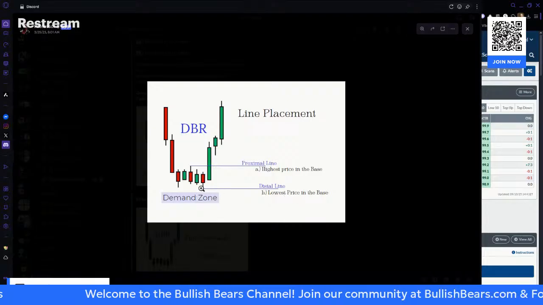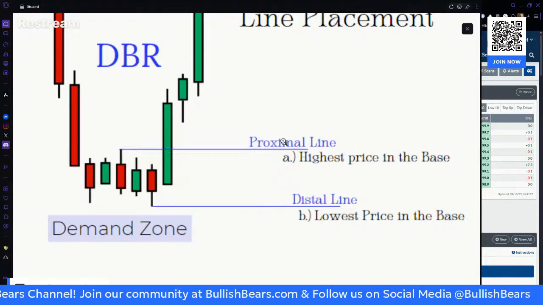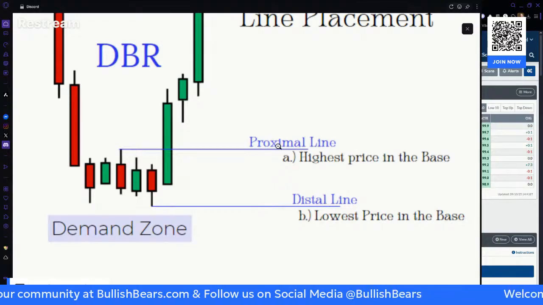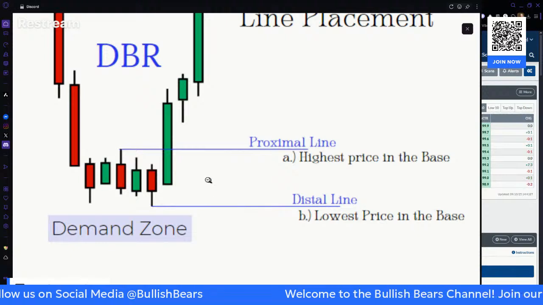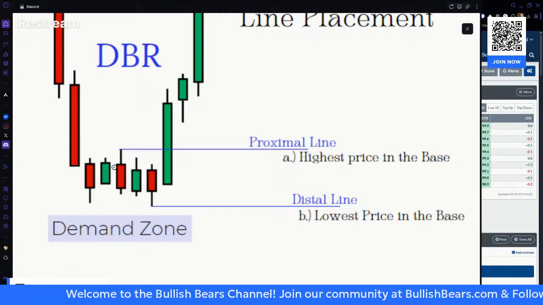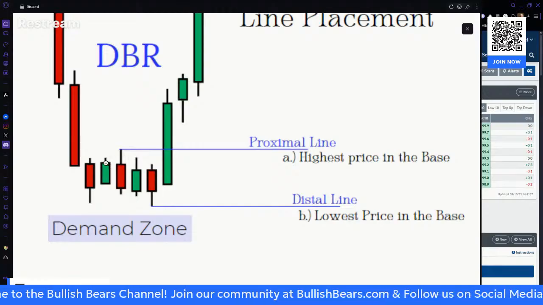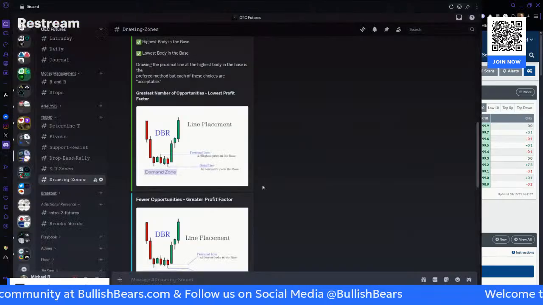The distal line is always the farthest away. That never changes. But proximal can change. It can be the highest wick of all of those bars. It can be the highest body close of those bars, which would be this green one. So it can be in different spots, right?